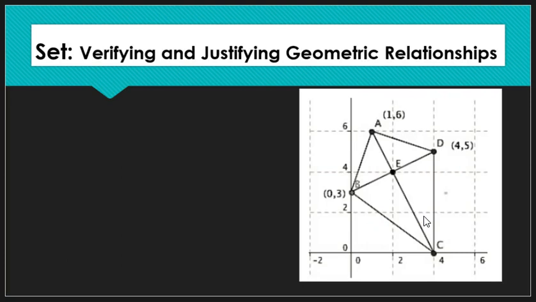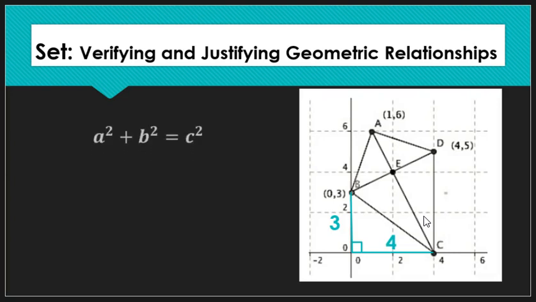Verifying and justifying geometric relationships. So let's compare the length of BC and DC. One way to find the length of a segment is by using the Pythagorean theorem. So for BC, if we create a right triangle, we can find that the height of the right triangle is 3 and the length is 4.